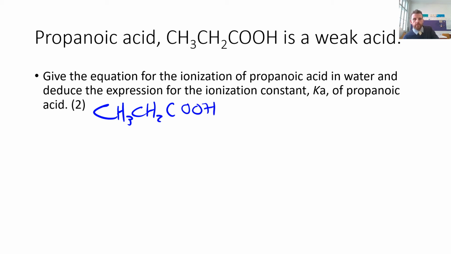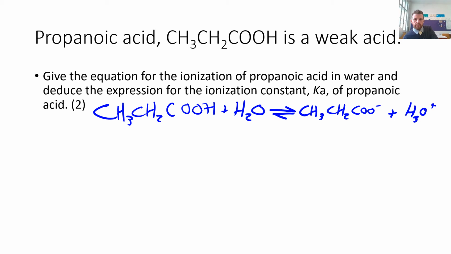You can do it where it's showing the water, and water is acting as a base, and H3O plus. This is one option, or else you can just do it where it is dissociating aqueously.